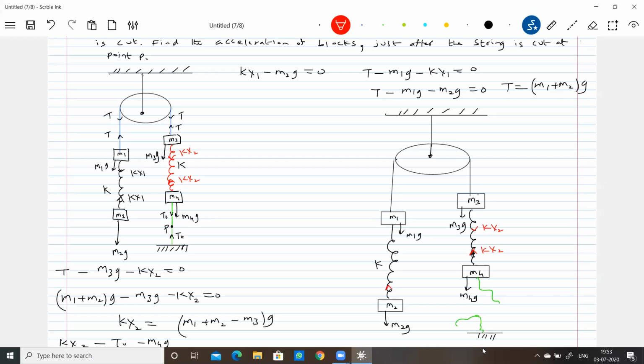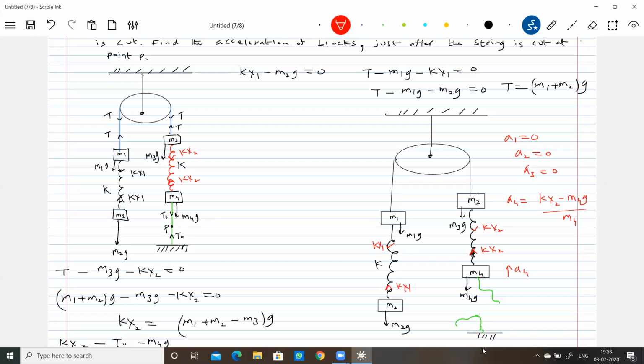So spring force will be Kx1. So A1 is 0, A2 is 0, A3 is 0. So what about only A4, no? What do you expect the block M4? In what direction will it move, up or down? It should move up. Then what is the equation for that? A4 should be equal to Kx2 minus M4G by M4. Do we know Kx2 value?